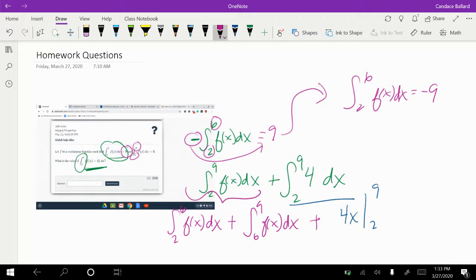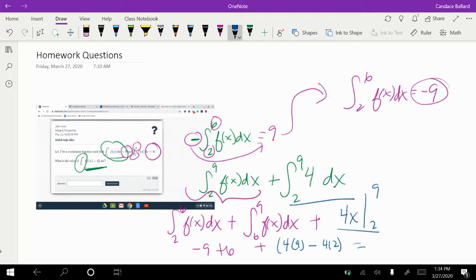All right, so I'm ready to start plugging things in. So for this first thing, negative 9. And then for this part here, I've got this 6, so plus 6, plus for this back part here, I'm going to plug in 4 times 9 minus 4 times 2.